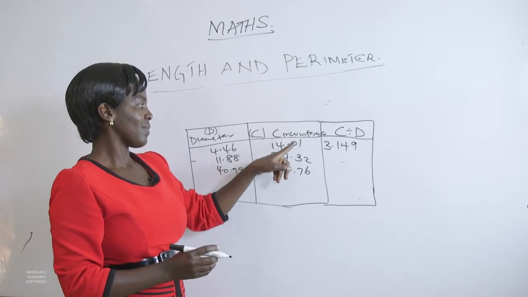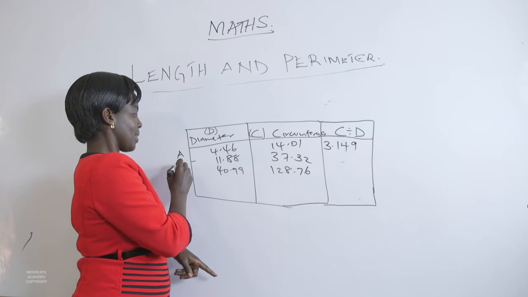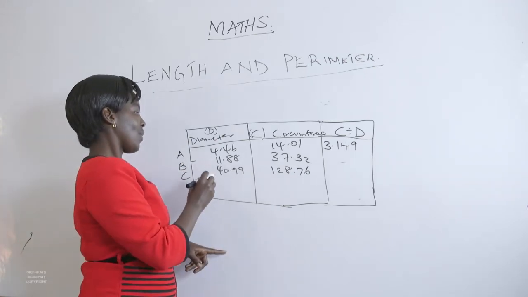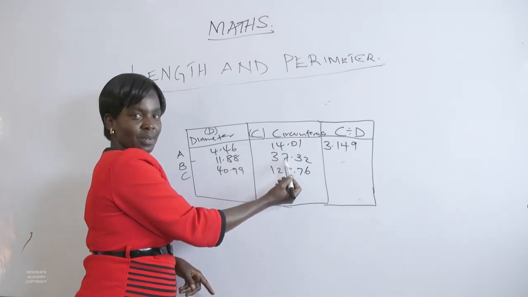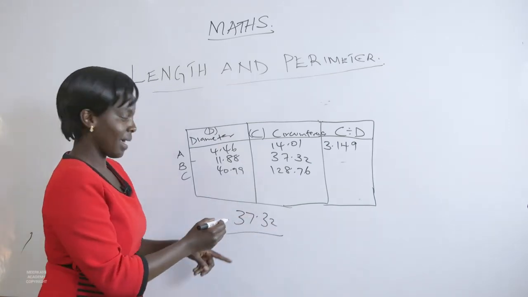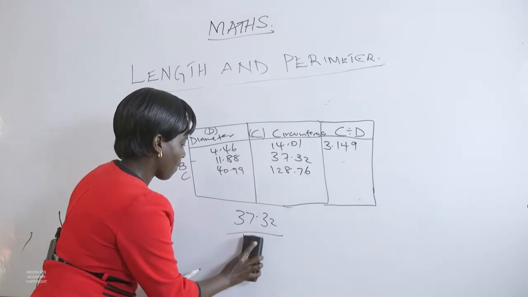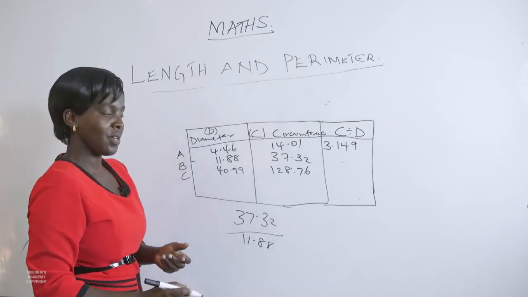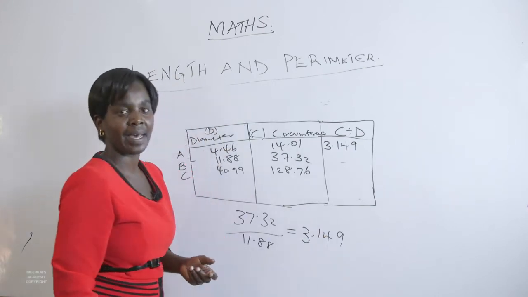If you divide the circumference of this particular circle, this is circle A, this is circle B, this is circle C. If you now divide the circumference of circle B, that is 37.332, by 11.88, you also realize that you will get 3.149.